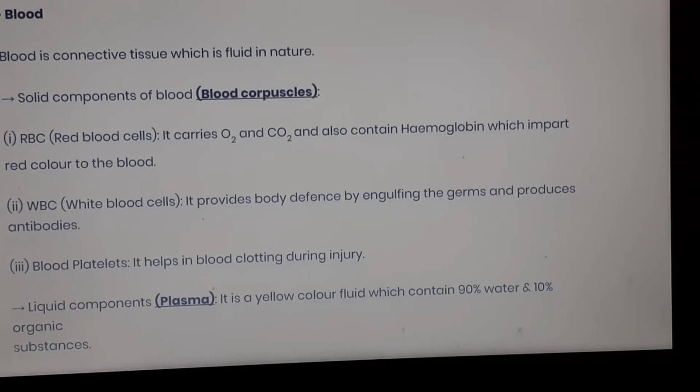That means it gives clotting over there with the help of some proteins. This is called blood platelets. Next one, liquid component. The liquid component is called plasma. That is a yellow color fluid which contains 90% water and 10% organic substances. This is about the transporting medium, that is called blood.